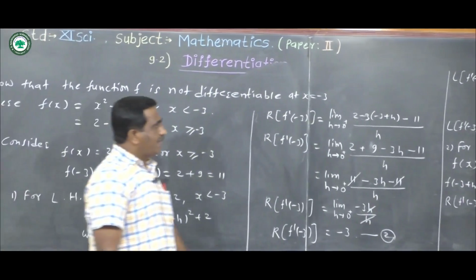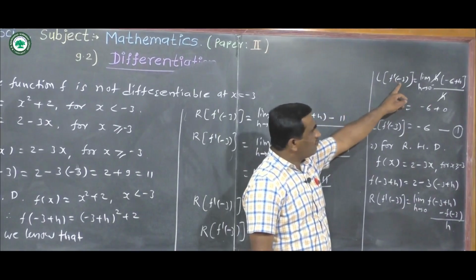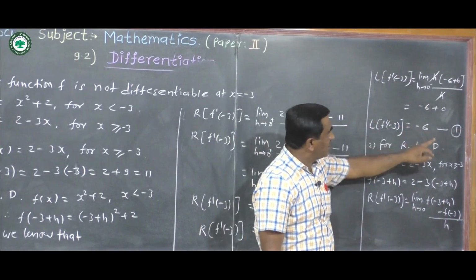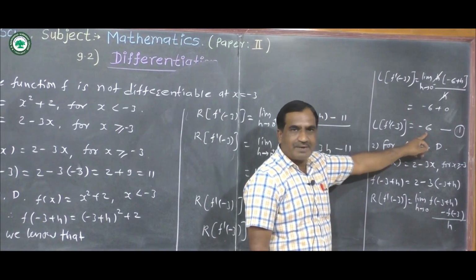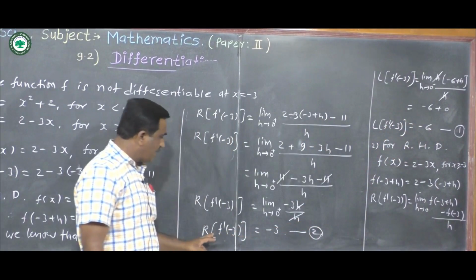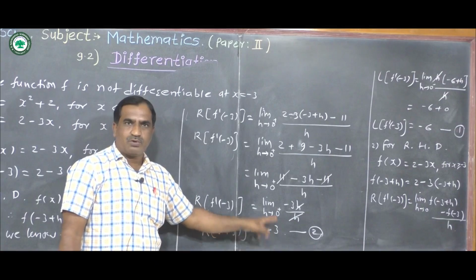Now we get here the left hand derivative at x equal to minus 3 is minus 6. Left hand derivative is minus 6 and right hand derivative is minus 3. Now both are different.